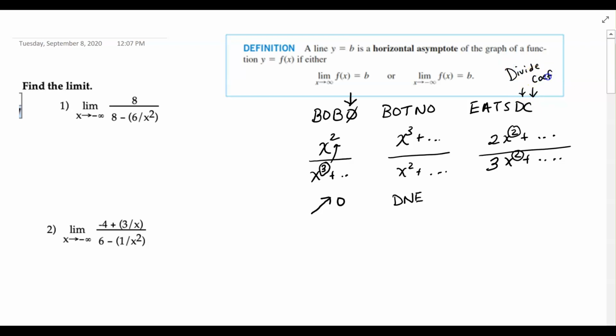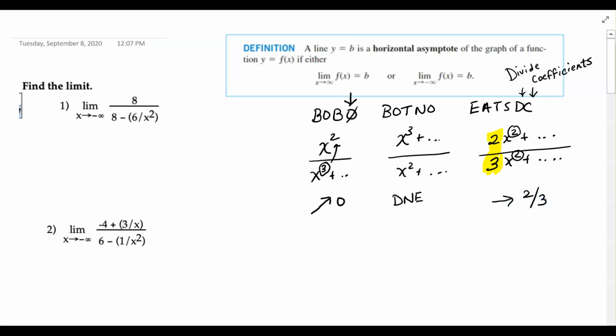Okay, that's what it would look like. Divide coefficients. So the coefficients here are 2 over 3. And so the limit here would be that the function is going to this number, suppose 2/3.